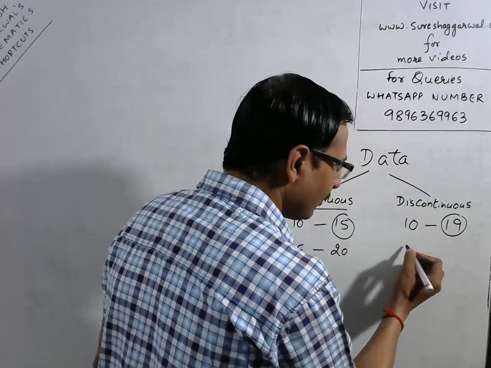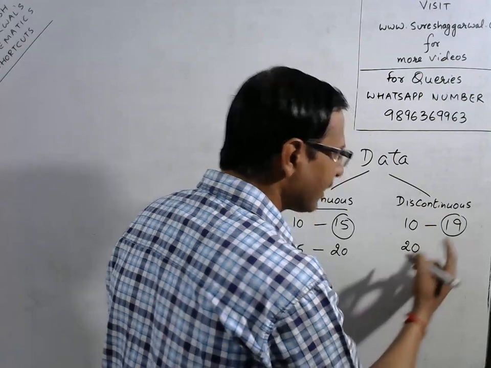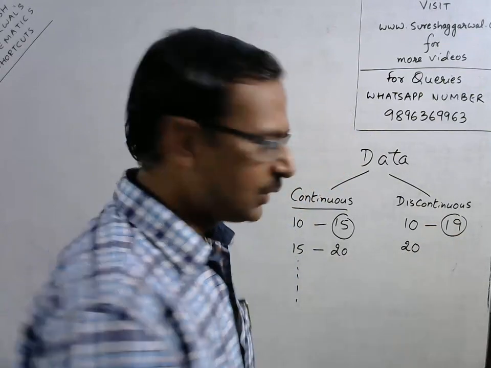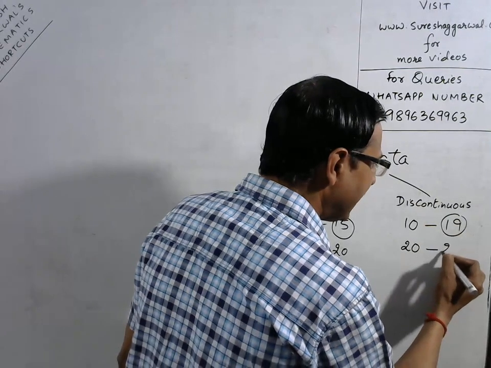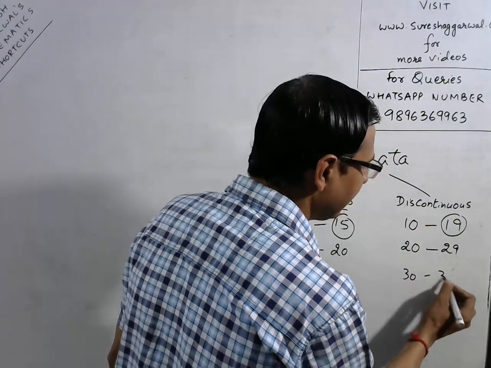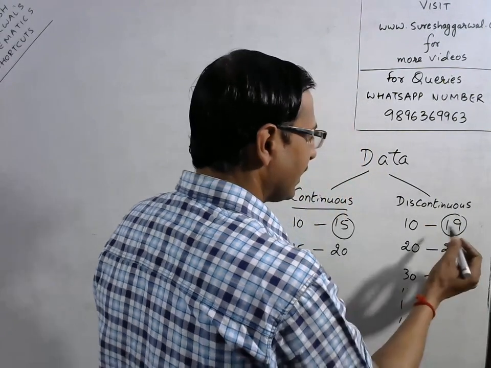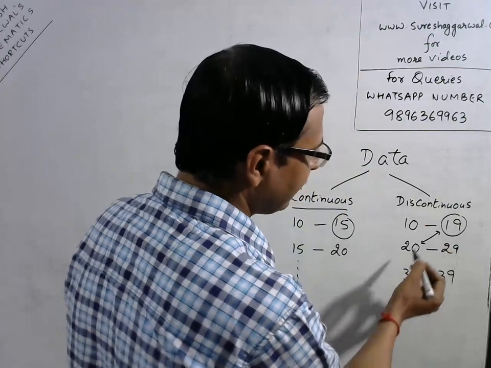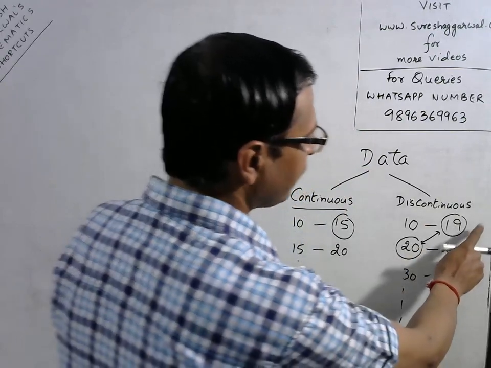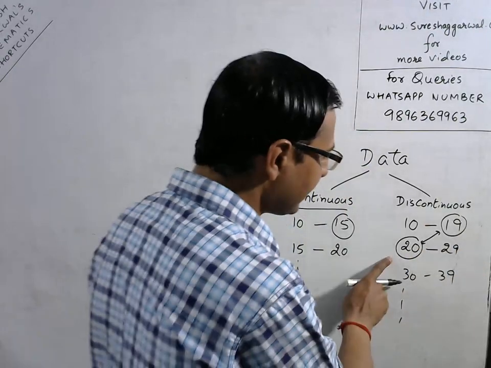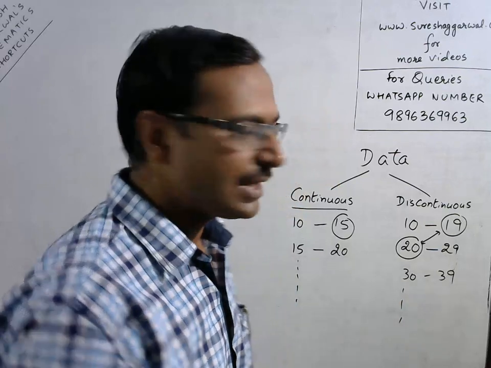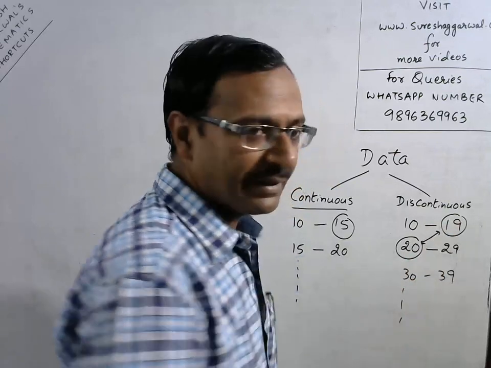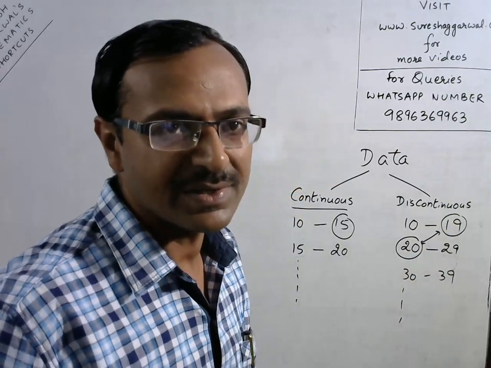The next interval will start from some other number, not from 19. So 20 to 29, 30 to 39. This has a gap of 1 between the end point of the first class interval and the beginning of the second class interval. So whenever there is a gap between these two, the data is said to be discontinuous data.